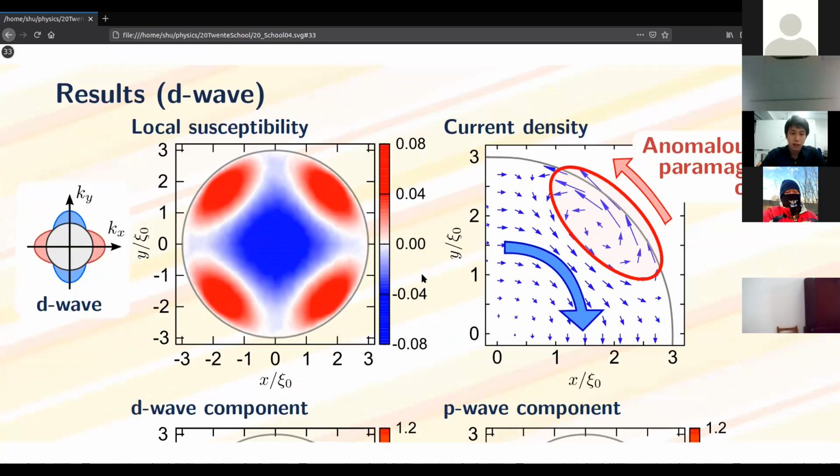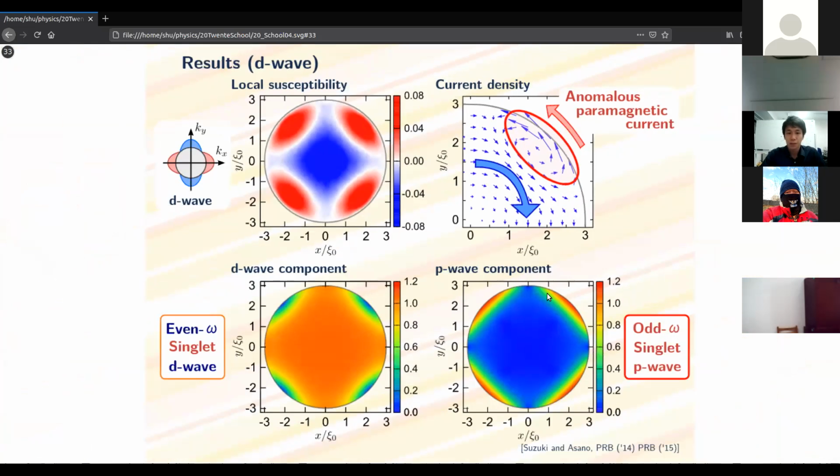We also analyzed the symmetry of the pair functions. This is the D-wave component. The D-wave component is basically even frequency pairs, and this component has the same profile as that of the order parameter. We also show the P-wave component. In this case, the P-wave component should have odd frequency.